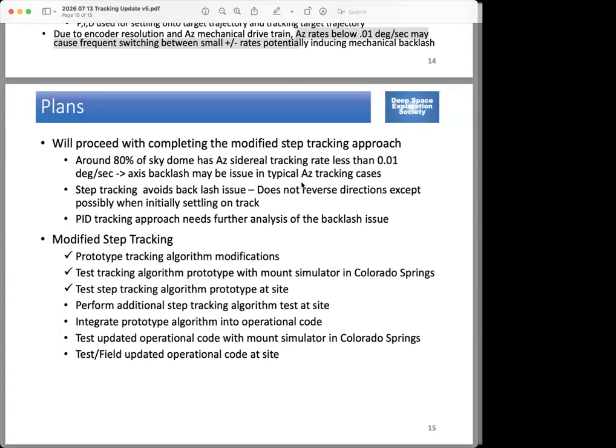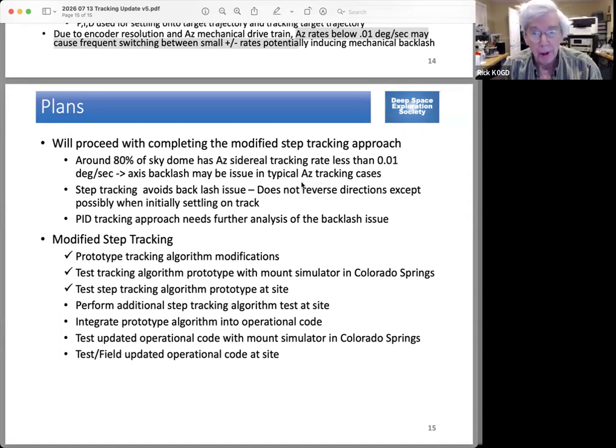I just have one more comment: we're preparing to go down to the site sometime in the next week or so to collect data for the additional step tracking algorithm. I think I've got some modifications that we want to test out down there and collect more data and see how we're doing. I have a couple of issues for you guys.